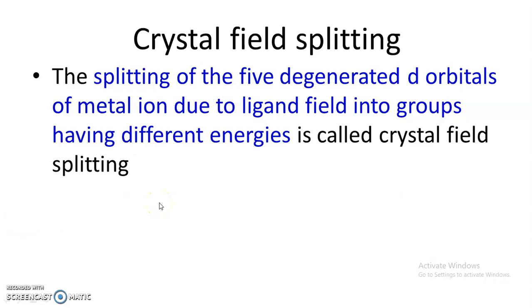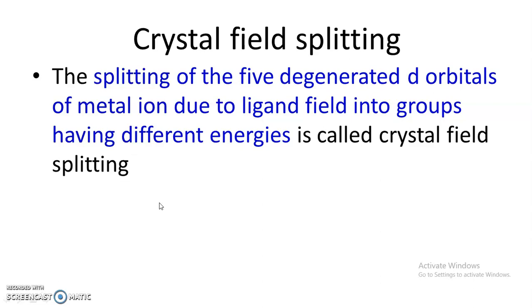So when these 5 d orbitals of the metal ion are influenced by a negatively charged ligand field, which may be octahedral or tetrahedral, then the 5 d orbitals will no longer be degenerate. This degeneracy will be disturbed and we get 2 or more energy levels.